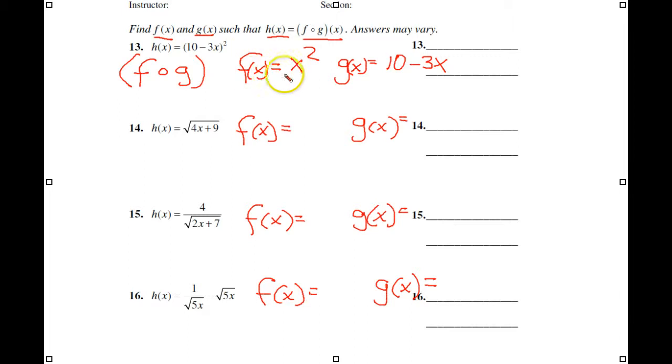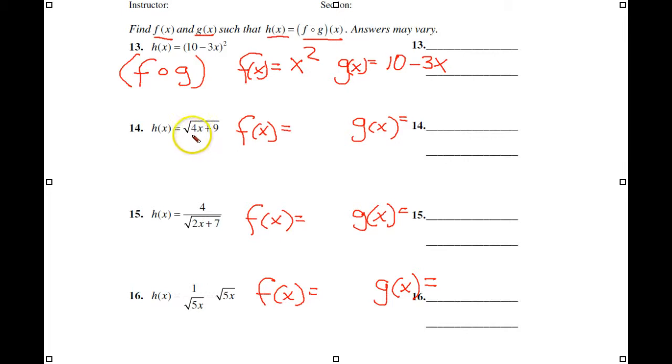So your f value could have been x squared. So doing this composition, you're going to put this where x is, and then square the x, which is what this is, to give you that.